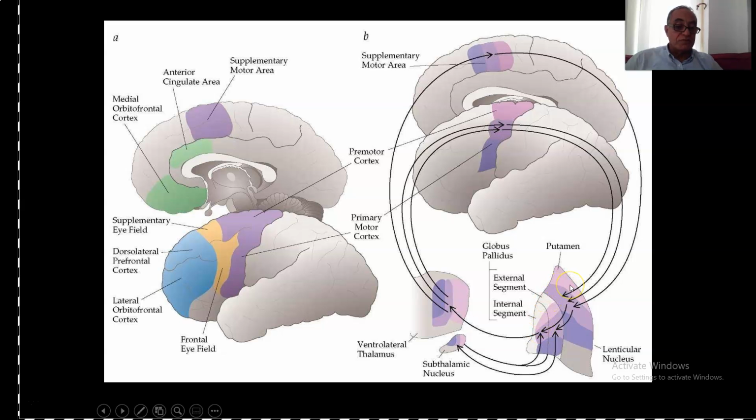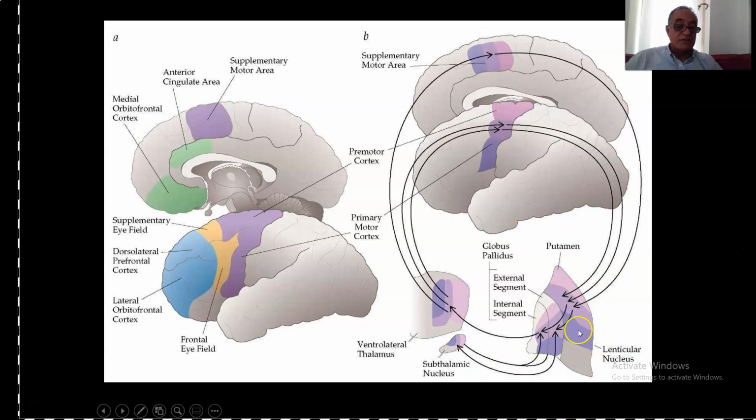From the caudate and putamen to the globus pallidus internus, to the lateral ventral nucleus of the thalamus, to the premotor cortex, the extrapyramidal cortex, and again from the premotor cortex and the supplementary motor area going back to the putamen. Putamen, globus pallidus internus, and globus pallidus externus.